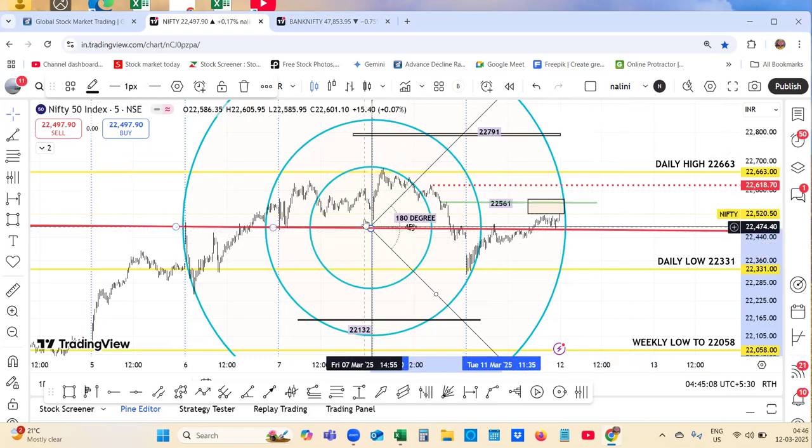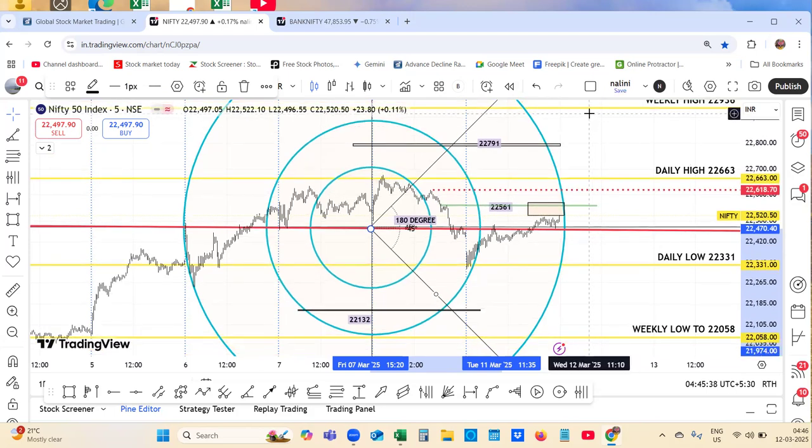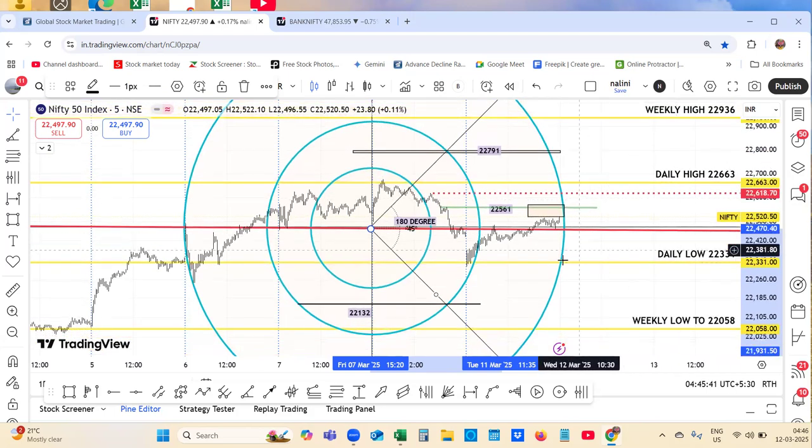If it starts circling, that means if the 180 degree has to move to the upside, then automatically price will start moving higher. When we need to see the levels move from one level to the other level, then the market will cycle to the next level. So here the range, you can see it extends to 22,936, but it needs time. It doesn't happen at a time. For the price to move to that level, it needs time.